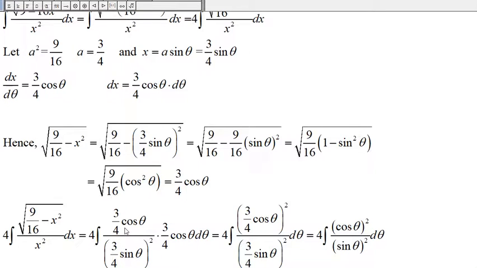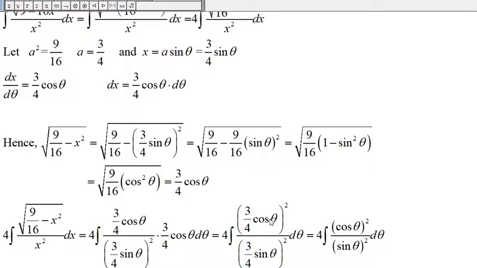3/4 cosine of theta times 3/4 cosine of theta becomes 3/4 cosine of theta, squared. On the top here we have 3/4 squared. On the bottom we also have 3/4 squared. So that would be 1. So 3/4 squared divided by 3/4 squared would be 1.